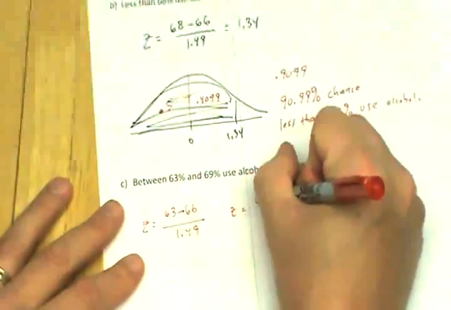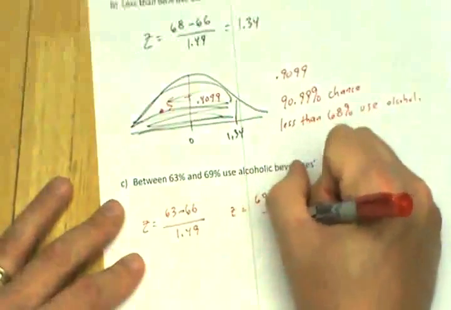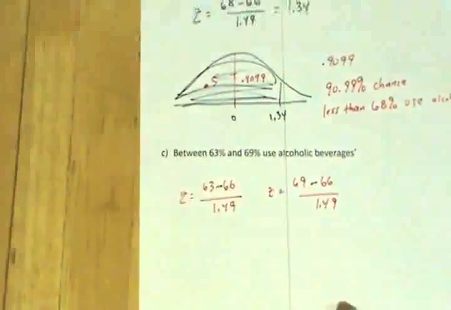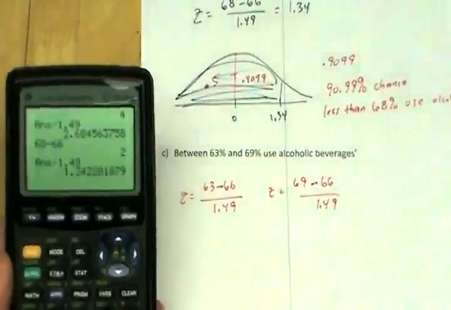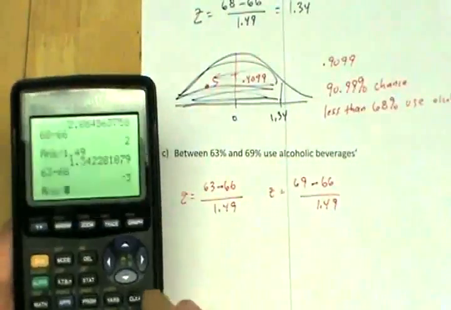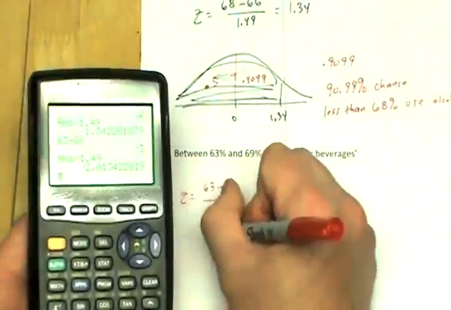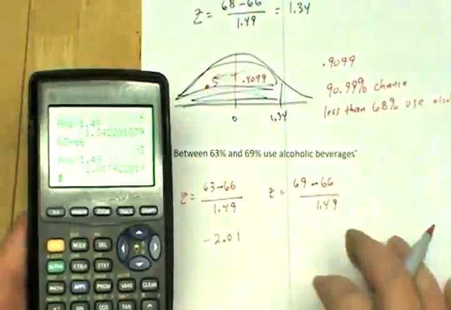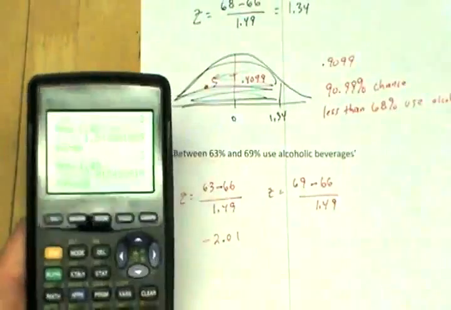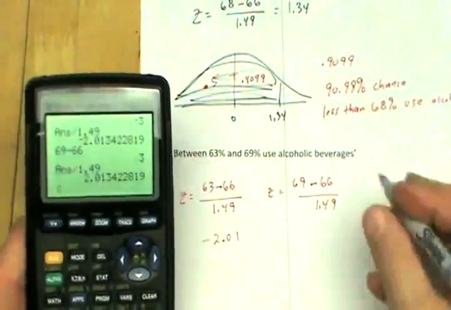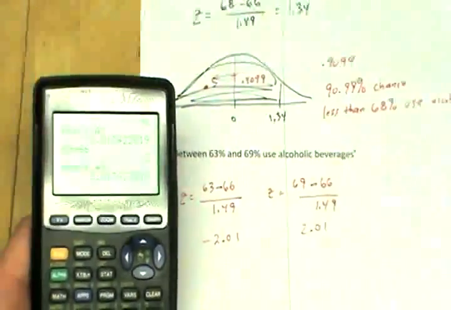We do the same thing with 69. So 63 minus 66 divided by 1.49, negative 2.01. And then we find 69 minus 66 divided by 1.49, and we're getting back positive 2.01.